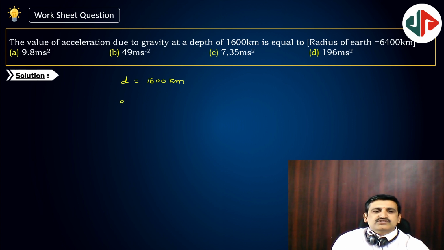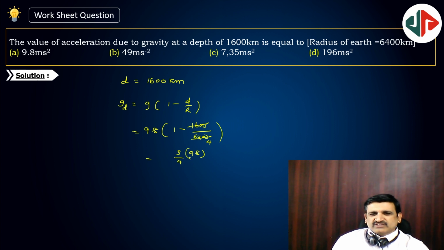So g_d is equal to g into 1 minus d by R. This is 9.8 into 1 minus 1600 by 6400, almost 1 by 4. So 4 ones are 3 by 4, 3 by 4 of 9.8. If it is 10, 10 by 4 is 2.5, 2.5 threes are 7.5. Nearest to 7.5 is option C.